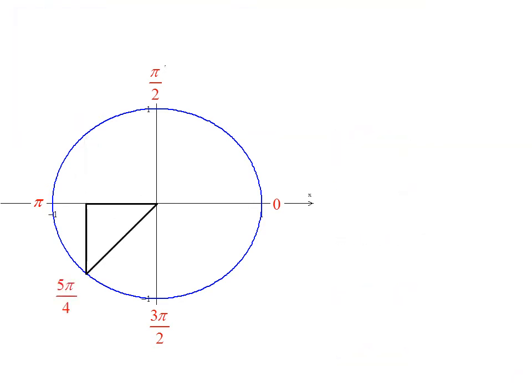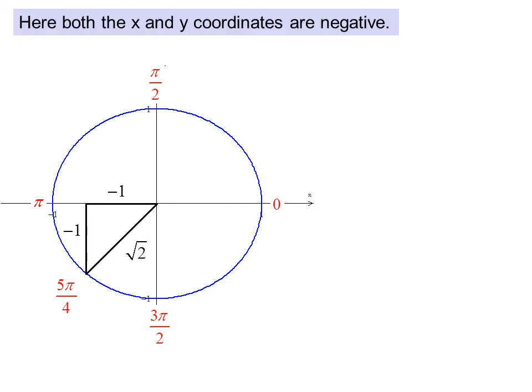When theta is 5 pi over 4, we get the triangle in this position. And we have two negative sides. Both the x and y coordinates are negative. So sine theta is -1 over radical 2. Cosine theta is -1 over radical 2.